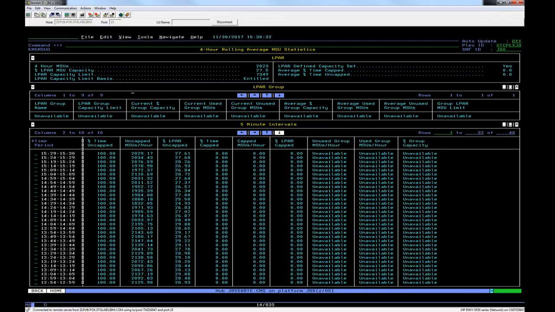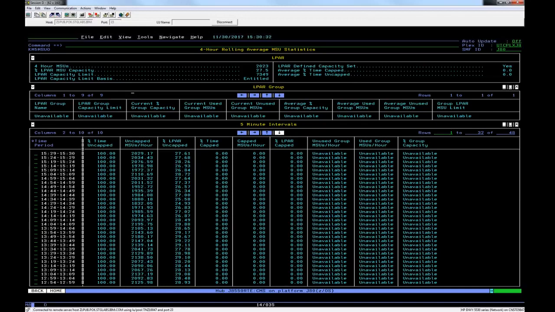And if one was running in an ElPro group, one would be able to determine just what percentage of the ElPro group in any 5-minute interval was consumed. So you can actually get an ElPro group view even though you're looking at the single image here.